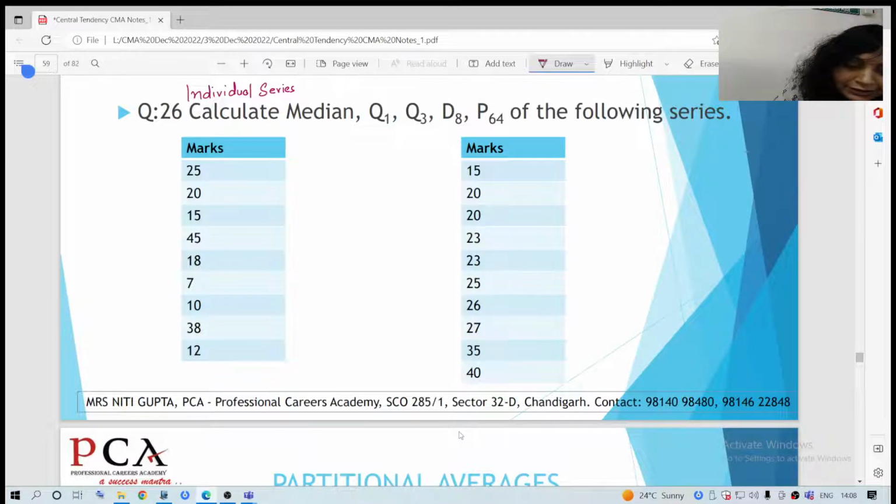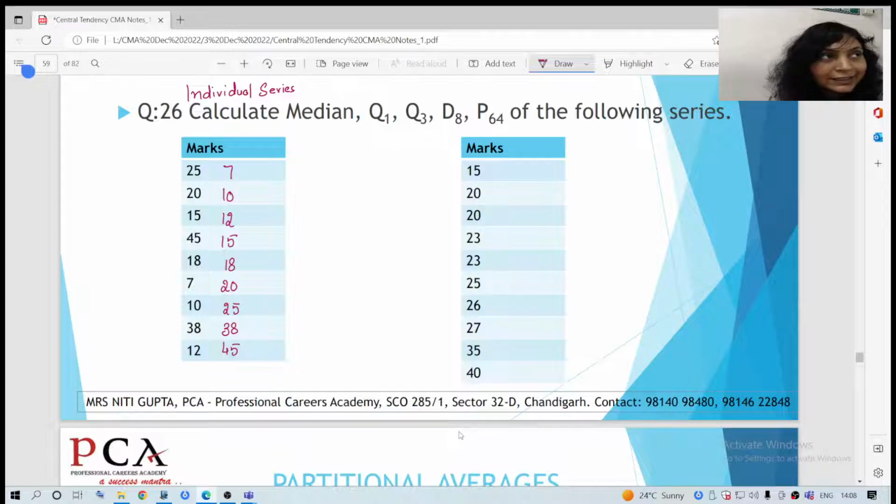According to the ascending order, the first one is 7, then 10, 12, 15, 18, 20, then 25, then 38 and then 45. So this is the ascending order. The total number of items is 3, 6, 9, so 9 items.